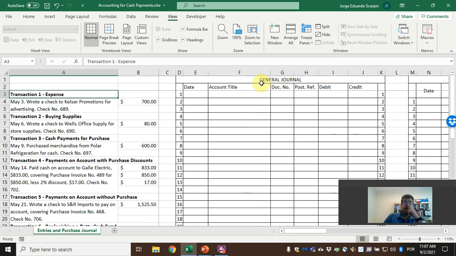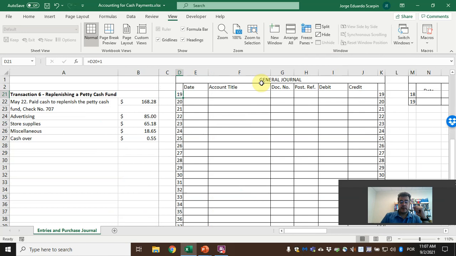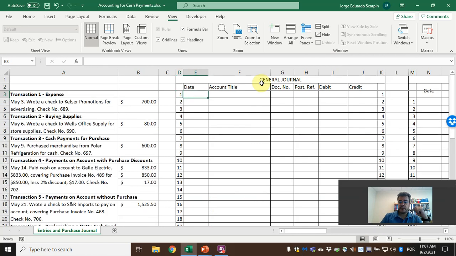Okay, so here, transaction 1, date May 3rd. So May 3rd, account title. So what do we have here? Advertising expense, and we pay it. So cash.